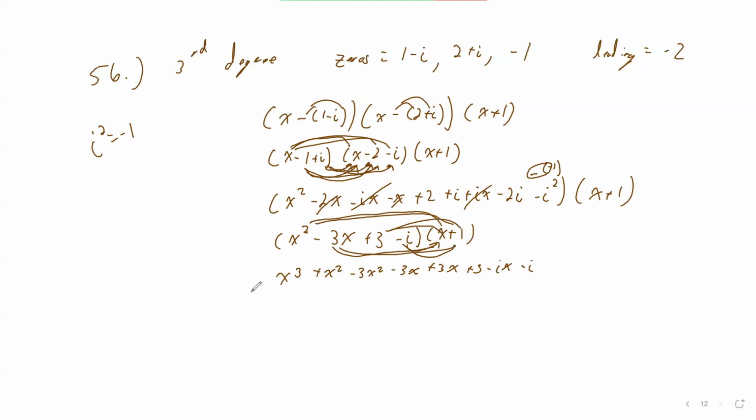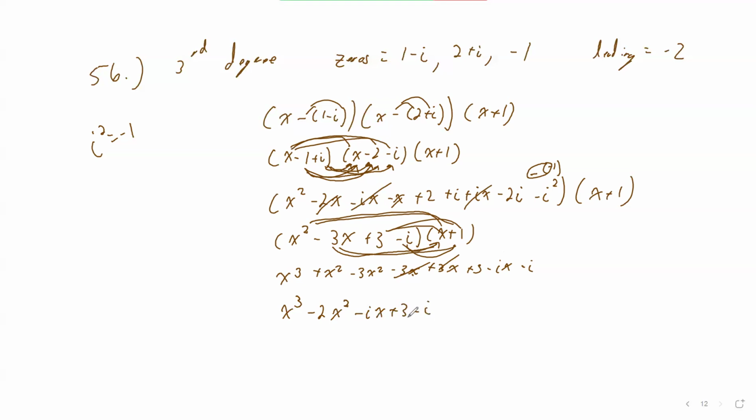All right, so now when working this out, this gives you x cubed. That would give me negative 2x squared. Those would cancel. And it looks like what I got is, I'm going to make this a minus ix, and then I'm going to say plus 3 and minus i.